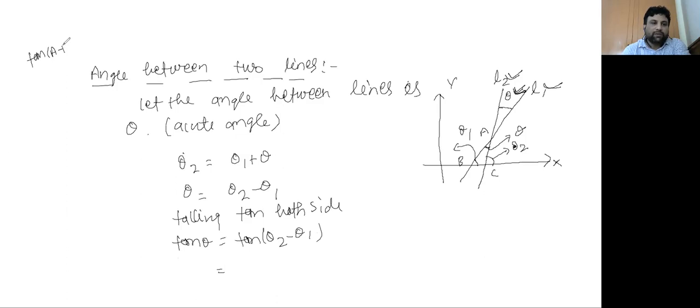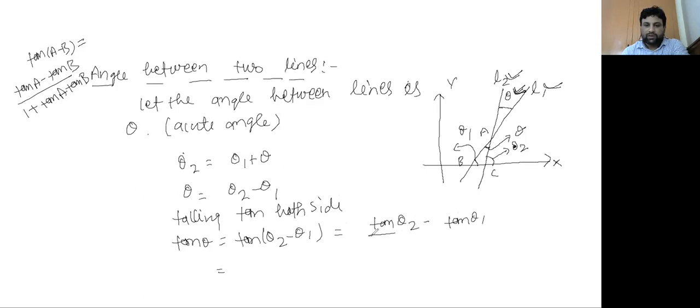Tan(a minus b) is (tan a minus tan b) divided by (1 plus tan a into tan b). So it will become (tan theta 2 minus tan theta 1) divided by (1 plus tan theta 2 into tan theta 1).